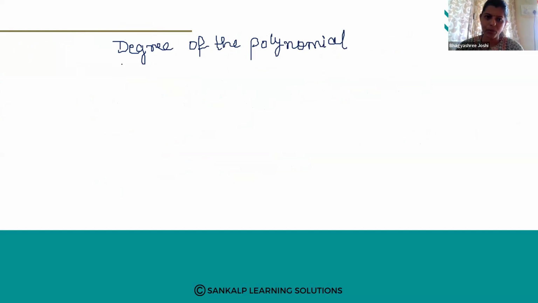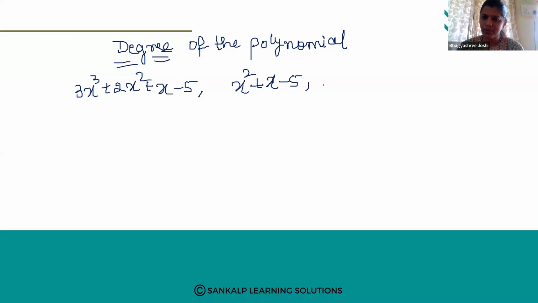Yes, this is very important. Degree of the polynomial. See, if I write 3x cube plus 2x square plus x plus 5, or x square plus x minus 5, or 3x cube plus 5x raised to 4 plus 4x square plus x minus 1.